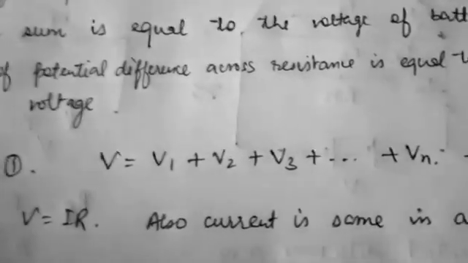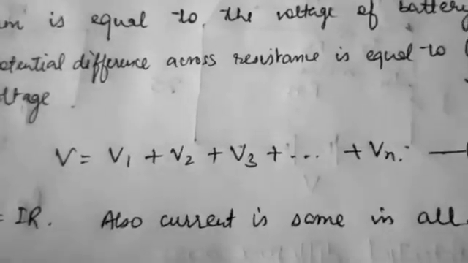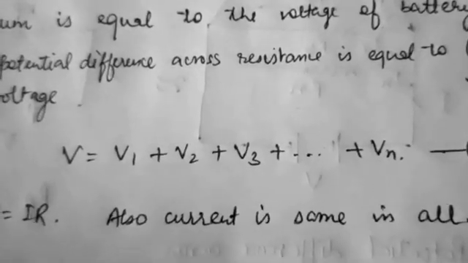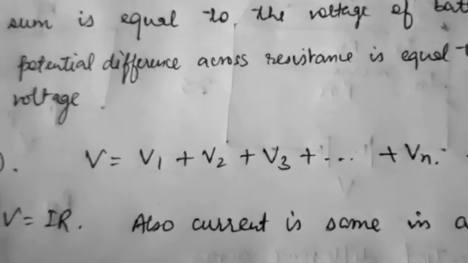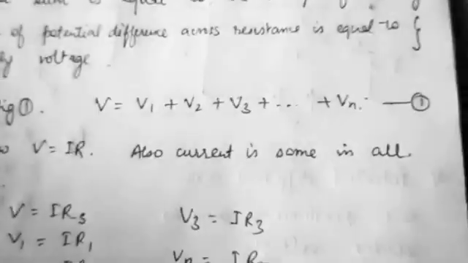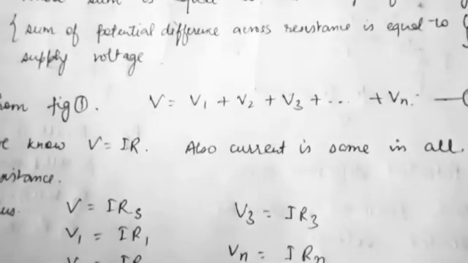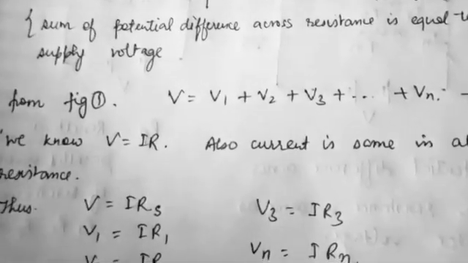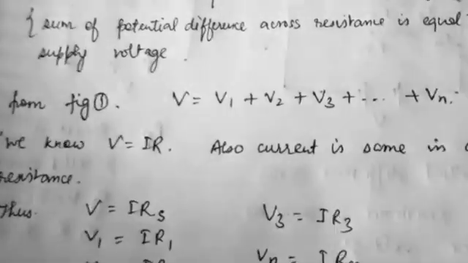So from the figure, the first equation becomes V equal to V1 plus V2 plus V3 and so on till Vn. By applying Ohm's law, we know V is equal to IR and the current is the same in all the resistances.